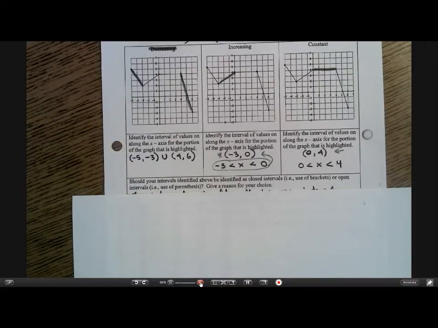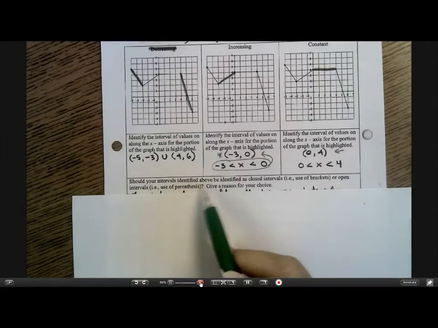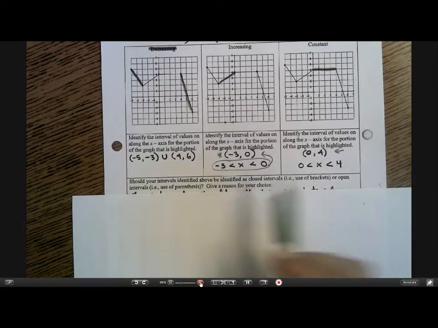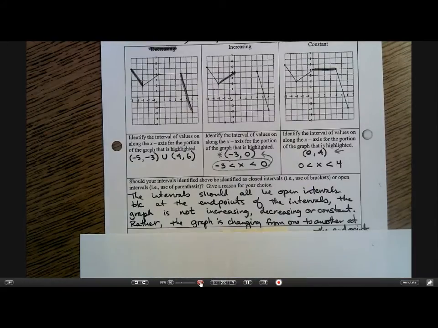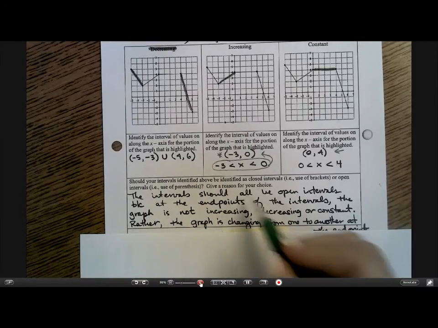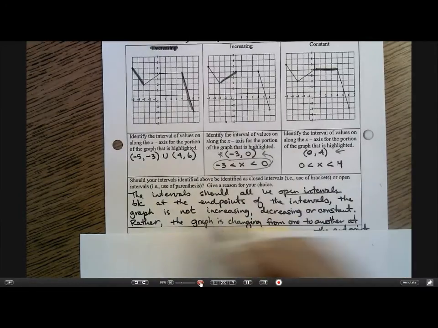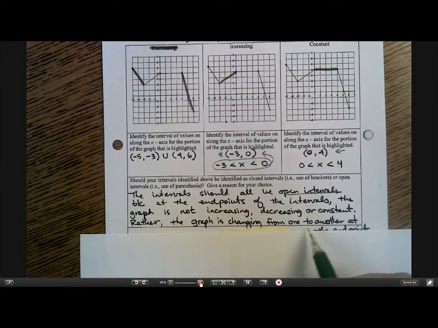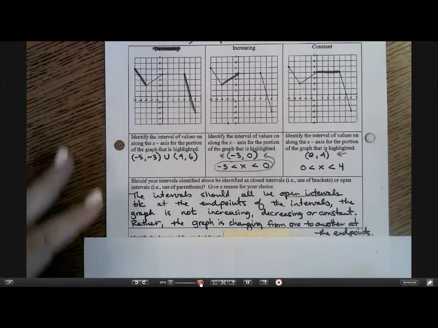So it said, should your intervals identified above be closed, which is brackets, or open, and give a reason? All right, here we go. The intervals should all be open intervals because at the endpoints of the intervals, the graph is not increasing, decreasing, or constant. The graph is changing from one to the other at the endpoints.